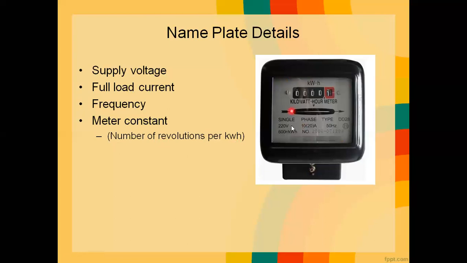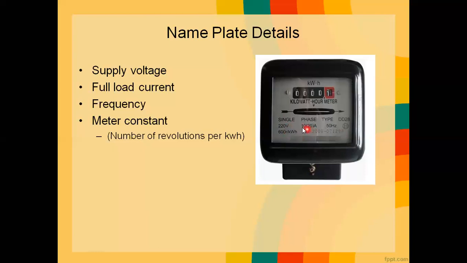Here you can see, apart from the display, the voltage. This is a single phase type. The model number is mentioned there. Now 220 is the supply voltage or voltage rating, and 10, 20 amperes.